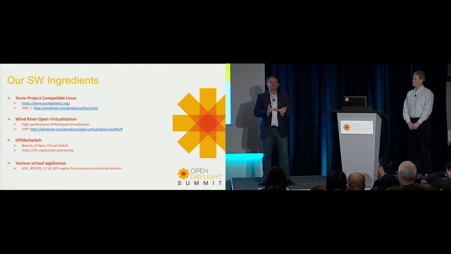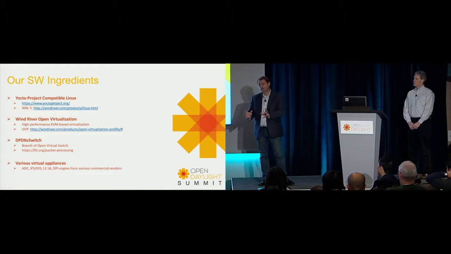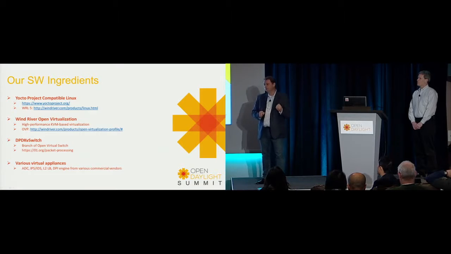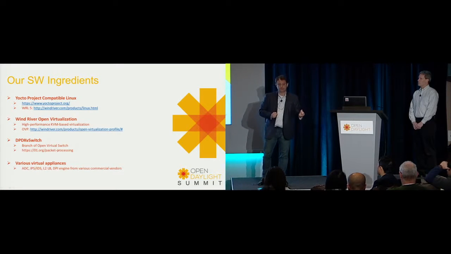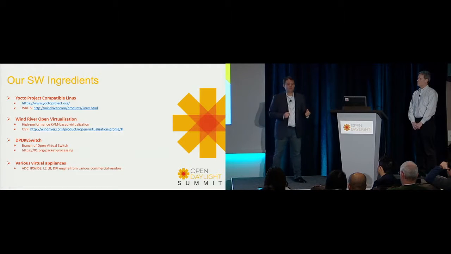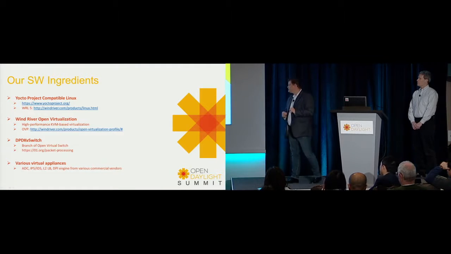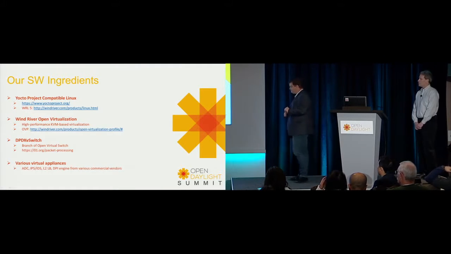But as Brian from Intel was talking about before, the performance characteristics that we're seeing in the OpenVSwitch project right now just don't make it suitable for a high-performance, near real-time kind of vSwitch. So we chose DPDK vSwitch for a number of reasons.